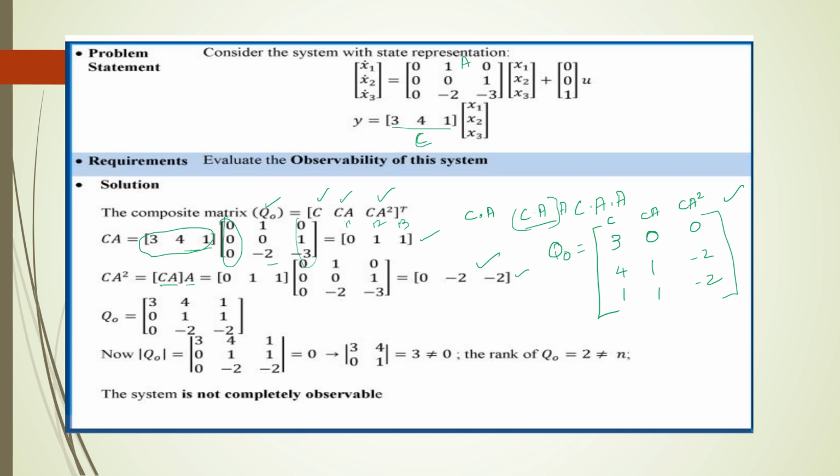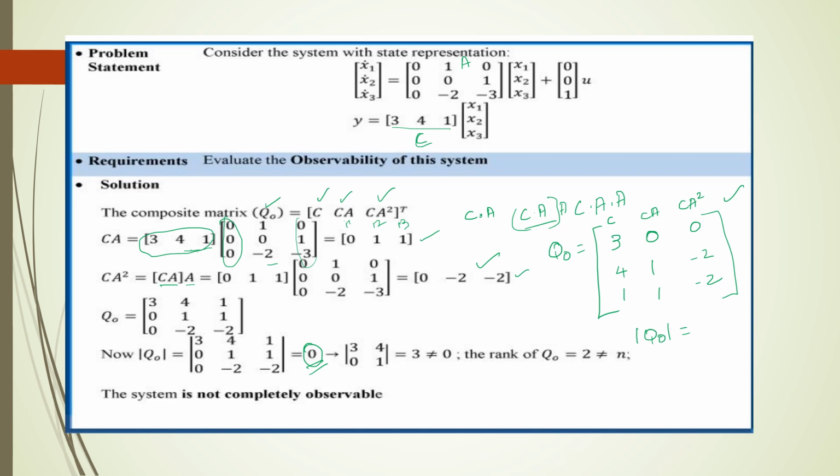Now we need to find the determinant of QO. While finding the determinant of QO, unfortunately we got the answer as 0. If it is 0, then we can say it is unobservable. So the system is completely unobservable.